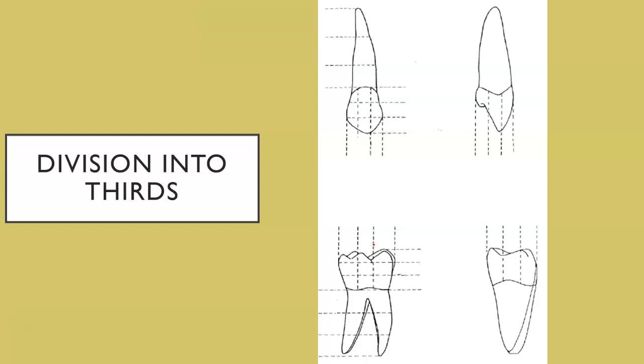So if this is an anterior tooth here, you can't really see, I'm pointing here. This third up here between these two, because this is the apex of the tooth, would be considered our apical third. It's hard to write with the mouse.